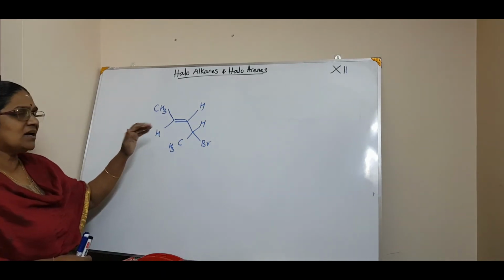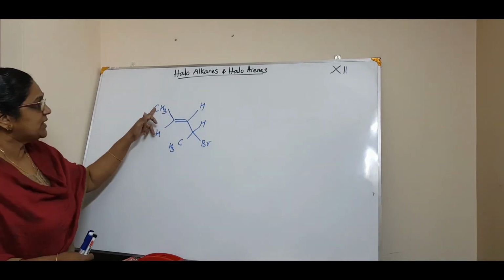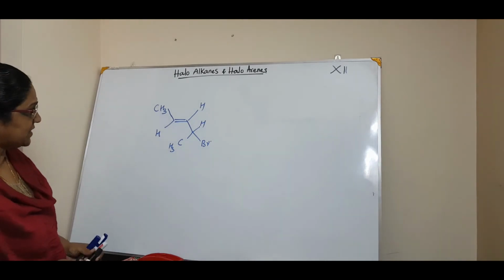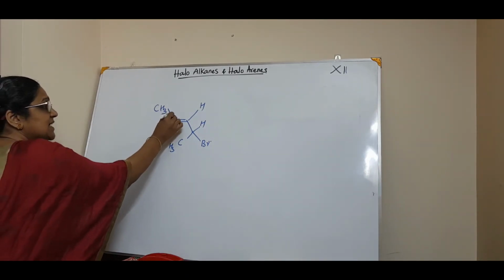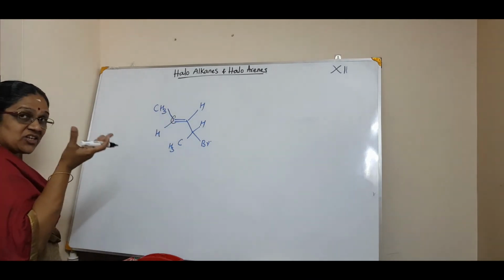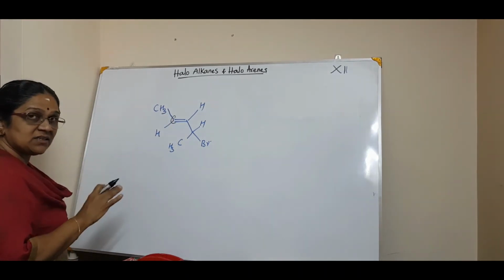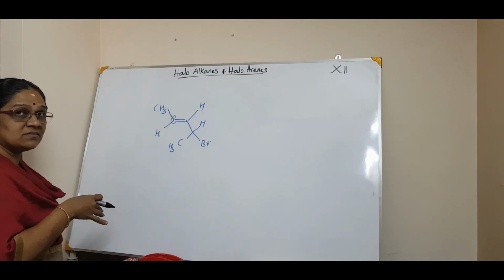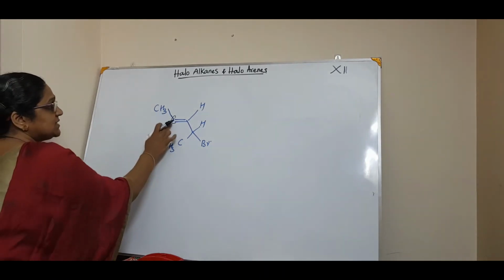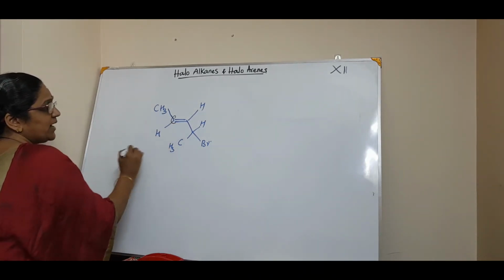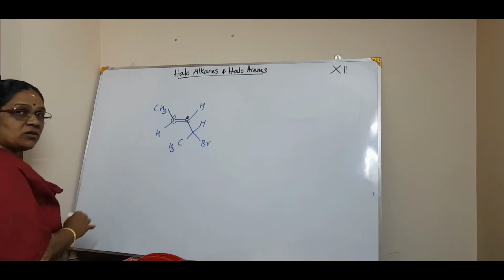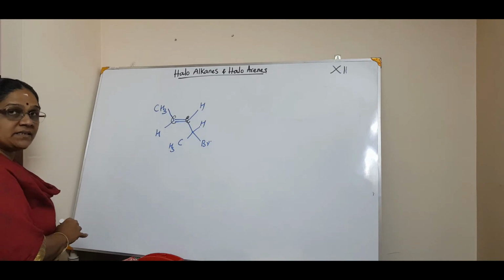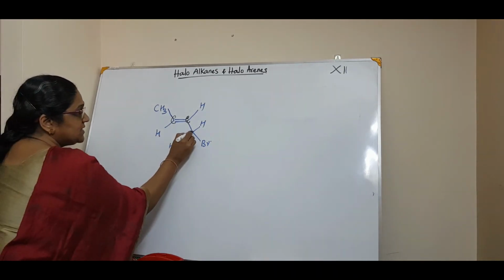You have studied that earlier. So it is CH3, then C, here also one hydrogen, then a double bond. At this junction, all junctions are carbon. Keep in mind, all junctions. This is also C.